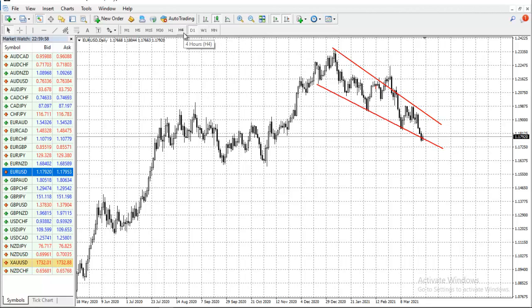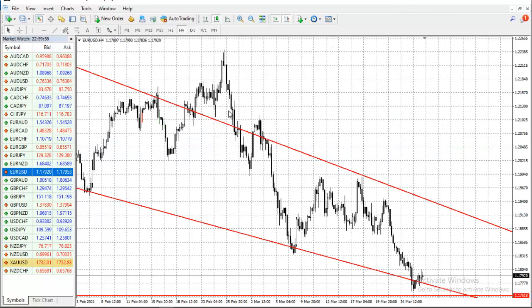Let's go to our 4-hour time frame to see what will be going on. At the same time, the market seems to be approaching a strong support here, and let's see what will happen.